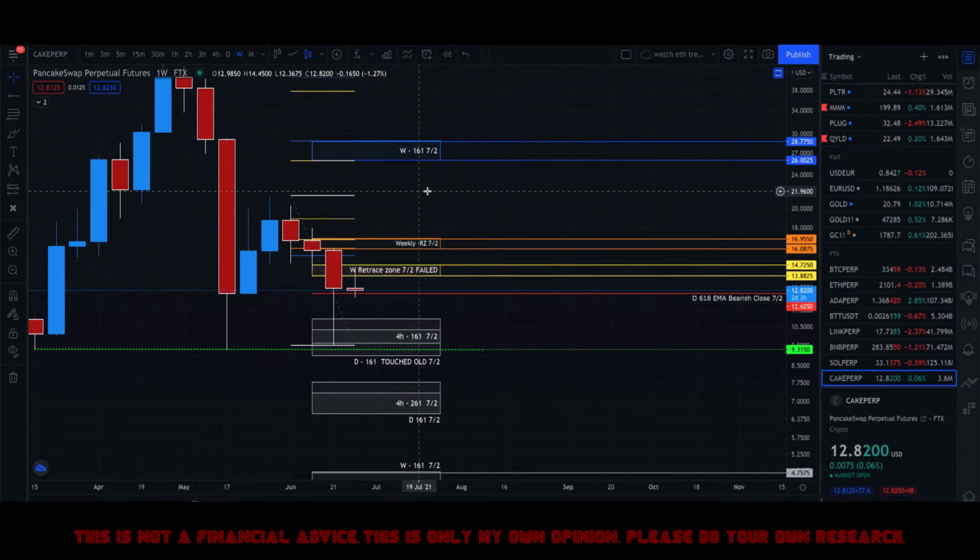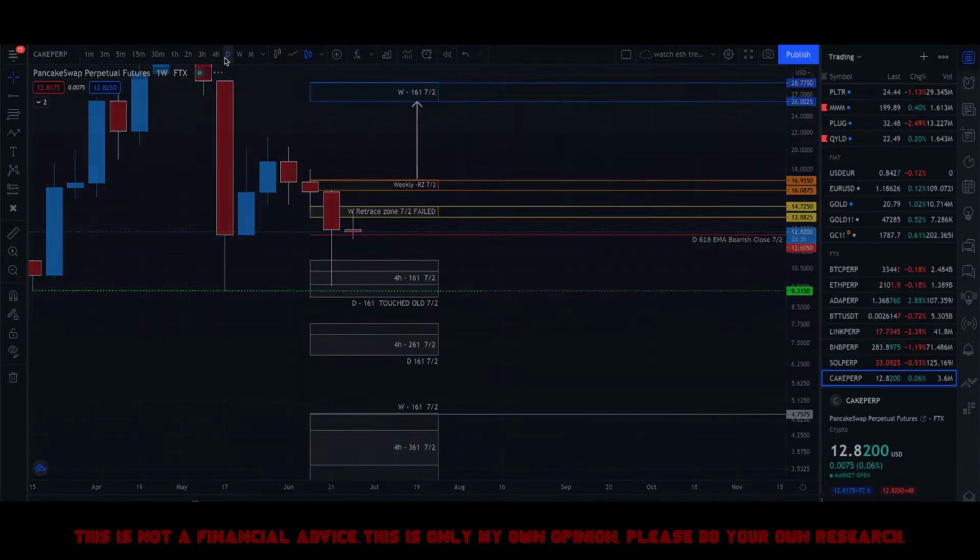Okay, so kind of like this. This is what I mean. Basically, if we close above the orange box, which is this 0.618 Fibonacci zone on the weekly time frame, this would be a clear sign that we're gonna head next to the 161 extension zone. Okay.